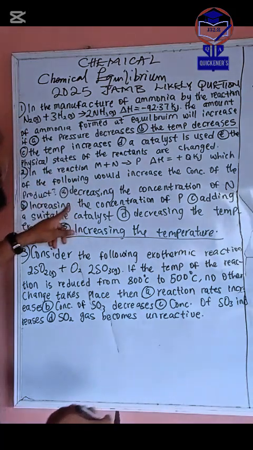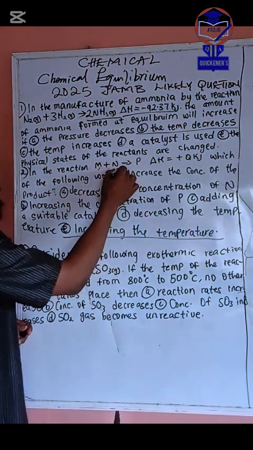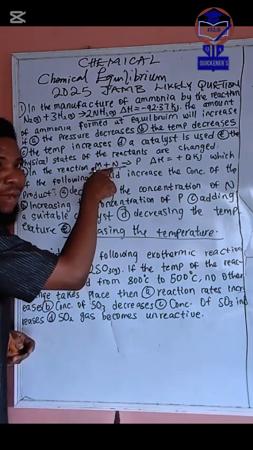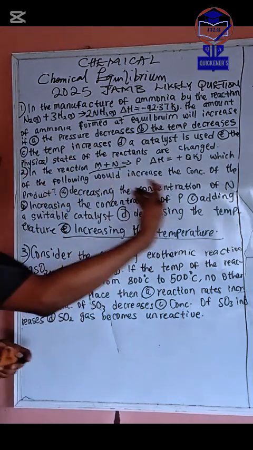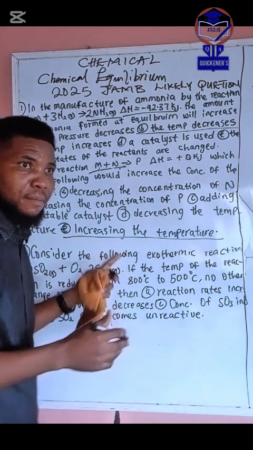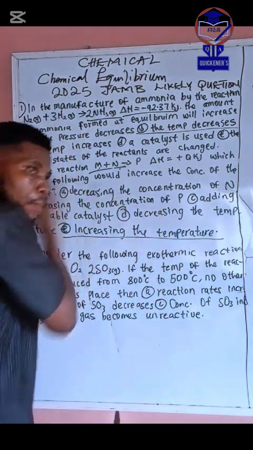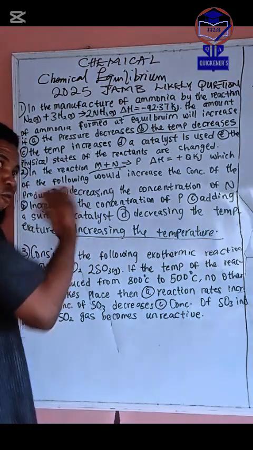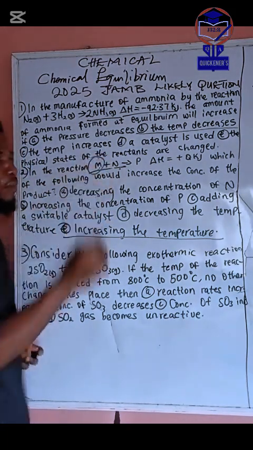The reactants. For instance, we have N plus M. If I extract any of these from the system, the equilibrium position will shift backward to favor the backward reaction. More of the reactant will be formed if any of these is extracted from the system.